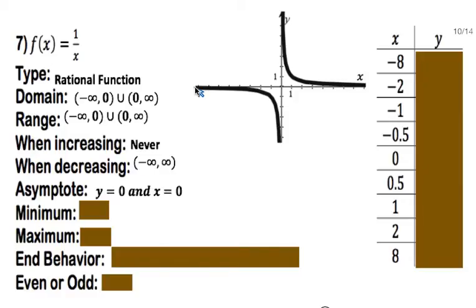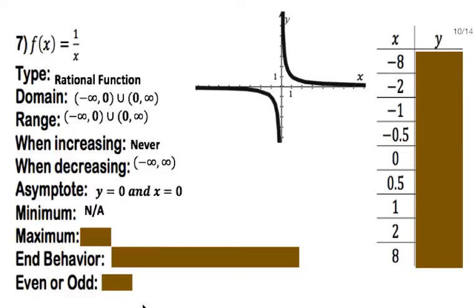So we start here on the left side, and as we move to the right, we're decreasing, we're going down. And then a lot of people say, yeah, but we jump back up. Well, kind of, but not really. Asymptotes throw all the math rules out the window. You can't land on them, and it's just kind of weird. In the graph, it just jumps up there, and then it's decreasing again. So we're going to be decreasing the whole time.